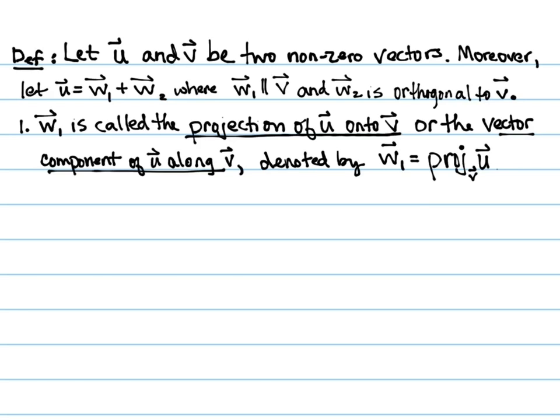And secondly, W2 then. W2 is actually the vector U minus the vector W1.